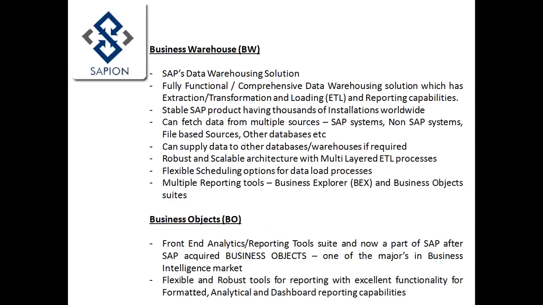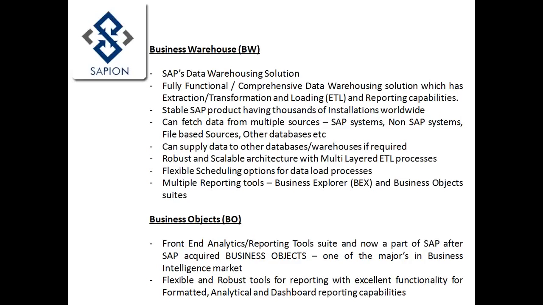There are two products which form SAP's business intelligence suite. One is Business Warehouse, the other is Business Objects. Let's talk about a high-level summary of what these products are all about. SAP BW is a fully functional, comprehensive data warehousing solution which has ETL and reporting capabilities. What is ETL?